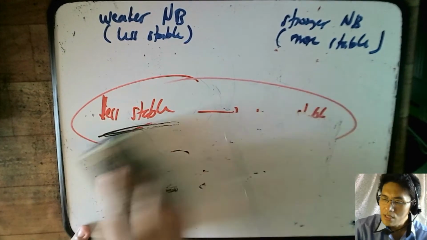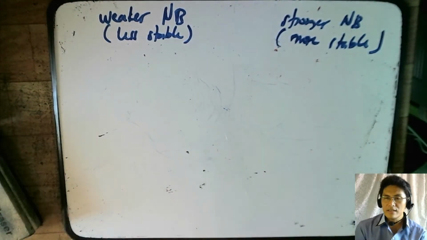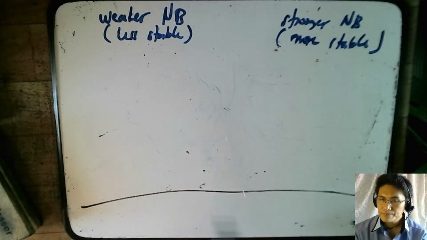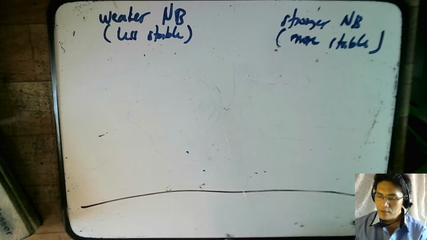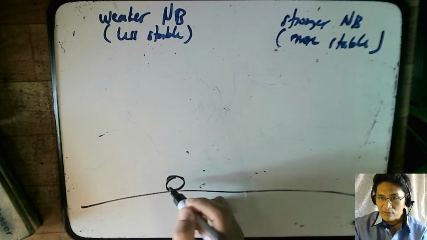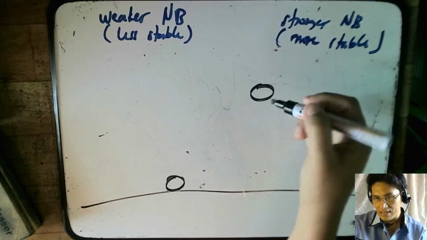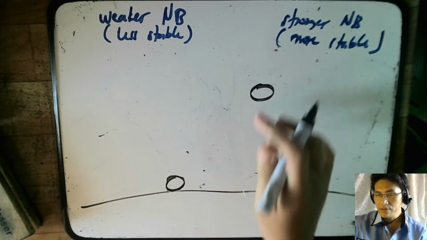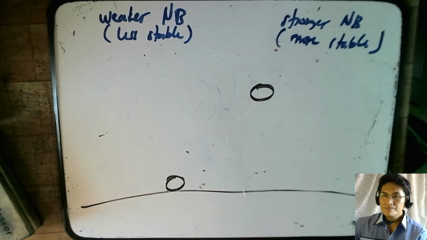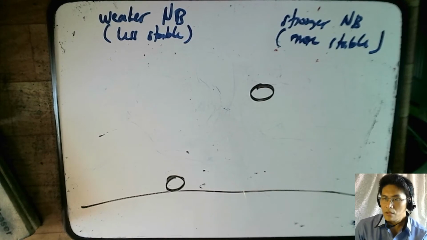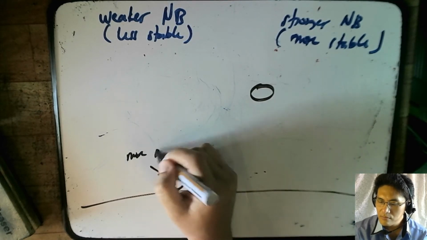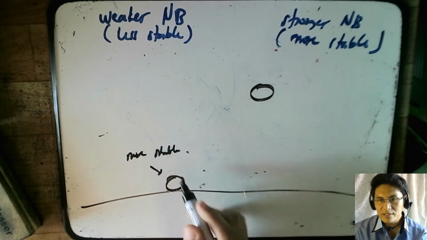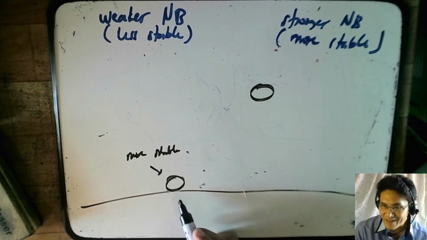Okay? Another example that I can give you is if you have an object on the ground versus an object hanging away from the ground. This is more stable. Why? Because it cannot fall anymore. It's already on the ground.